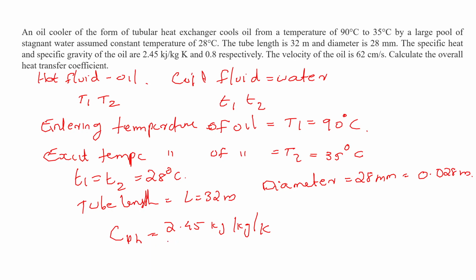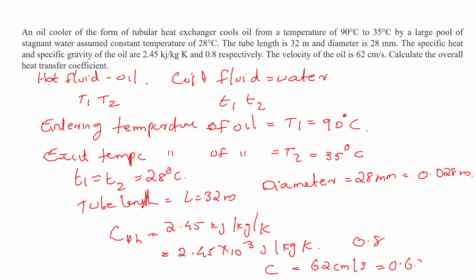So you can convert it into 2.45 times 10 to the power 3 joule per kilogram Kelvin. Now specific gravity is given, that is 0.8, and velocity C is given, it is 62 centimeter per second, that is 0.62 meter per second. So these many details are given in the question.